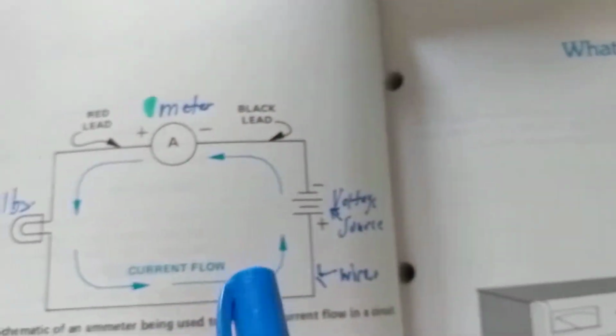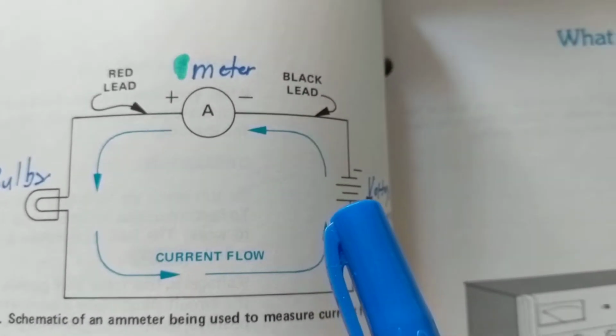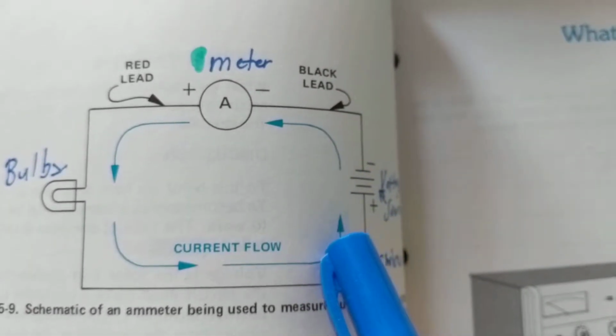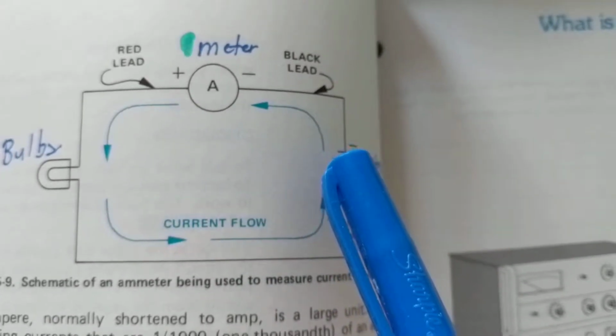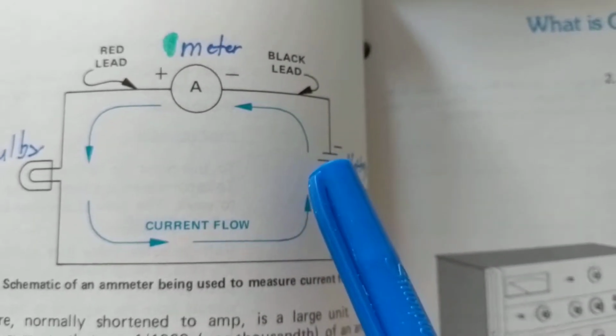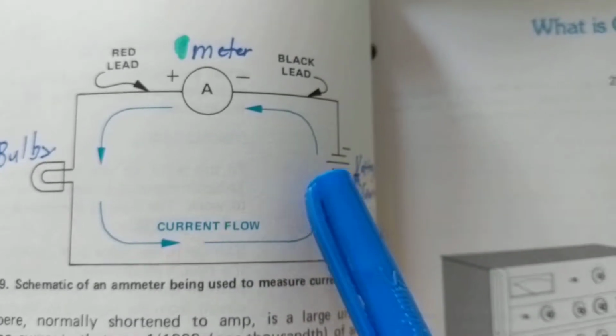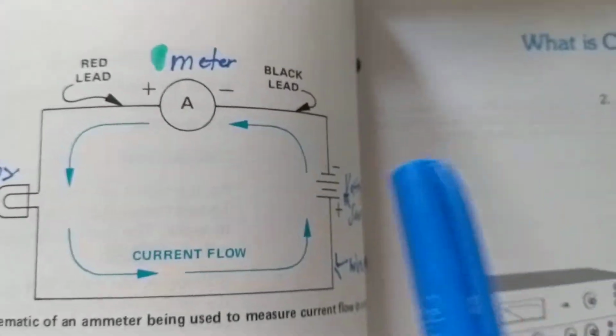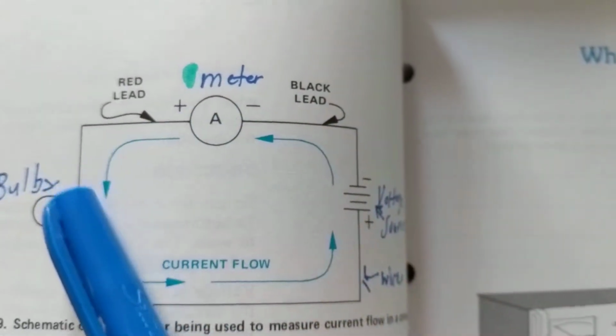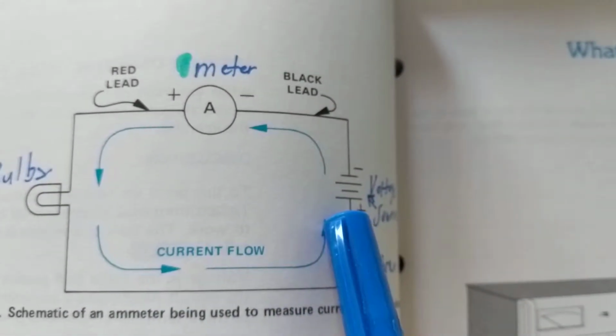Now, as for current flow, there are always two different opinions. Is it electron flow? Is it conventional flow? Is it going from minus to positive or positive to minus? In electron flow, the current flows from minus to positive.